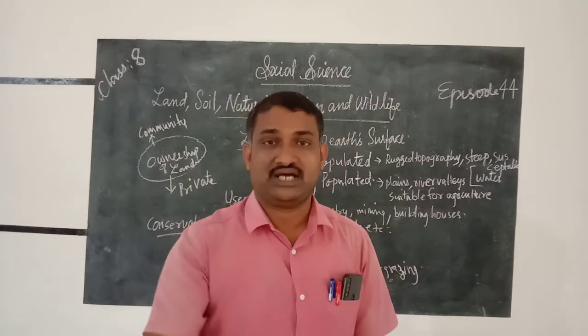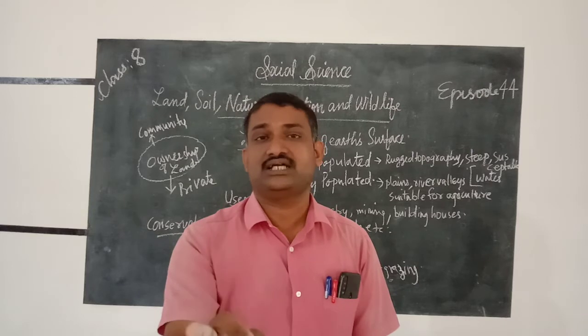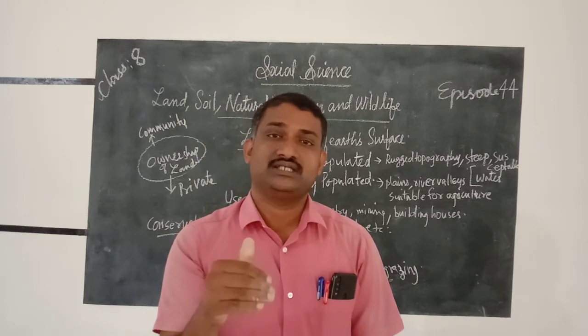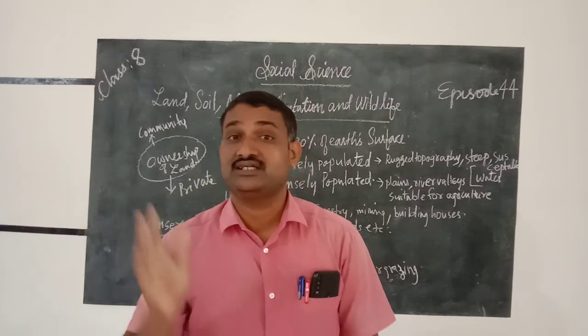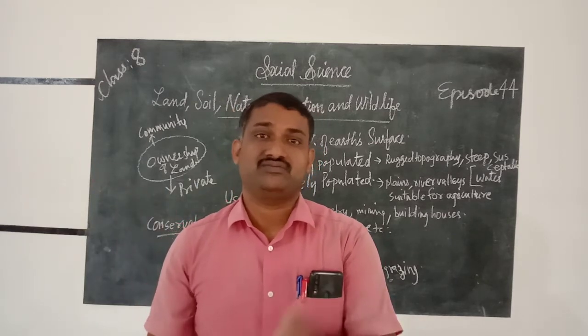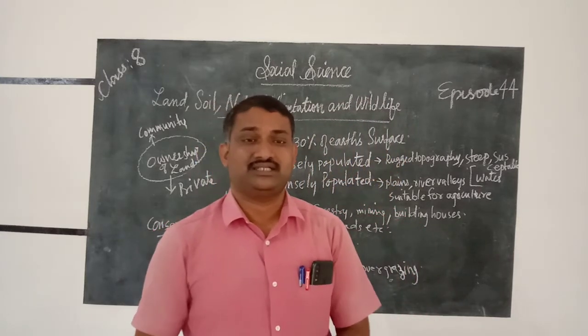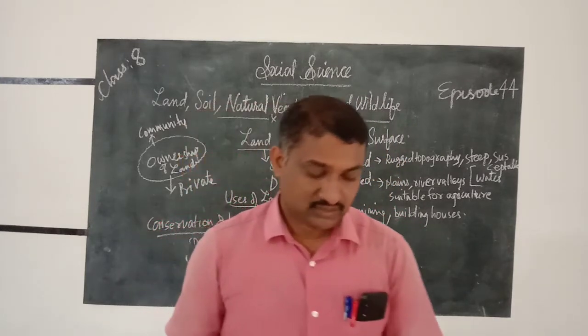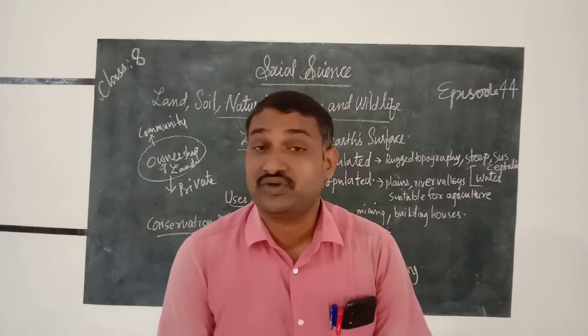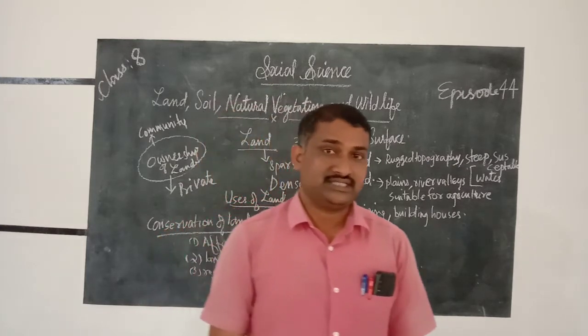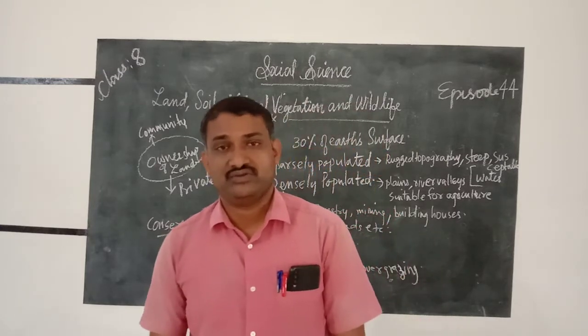So it is our urgent need to conserve and protect the animal kingdom as well as the plant kingdom. So in wildlife, different species of animals are there. Some are endangered species of animals that we want to protect.